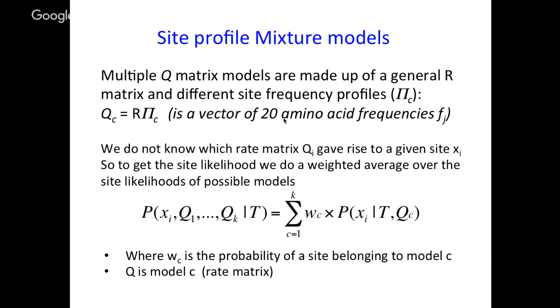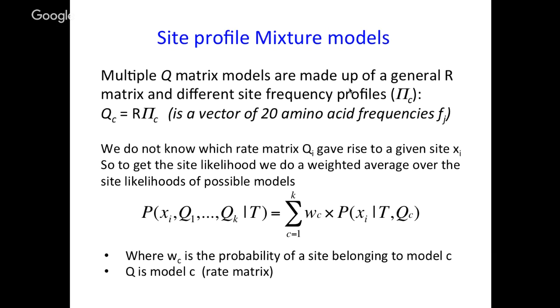Now, with mixture modeling, the issue is that we don't know which site comes from which class. In the absence of that knowledge, we take a weighted average of the site likelihood over all the different classes.